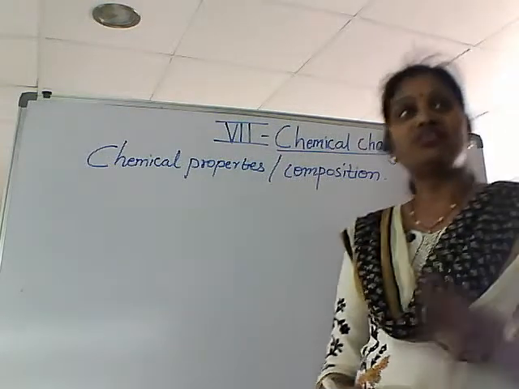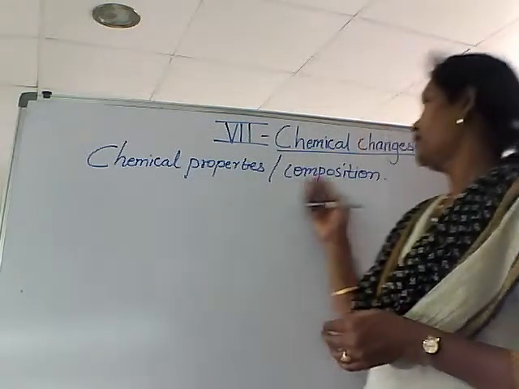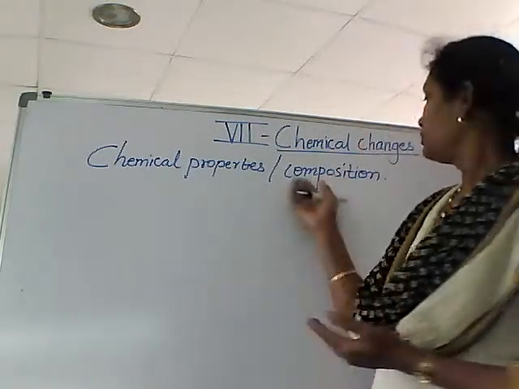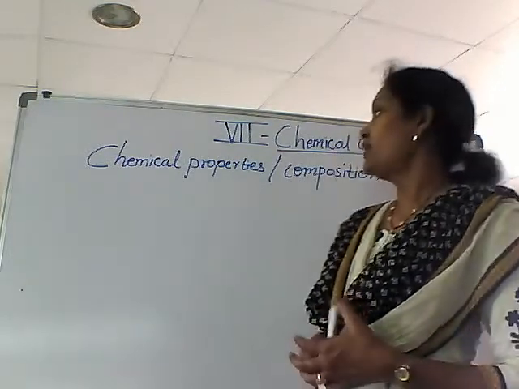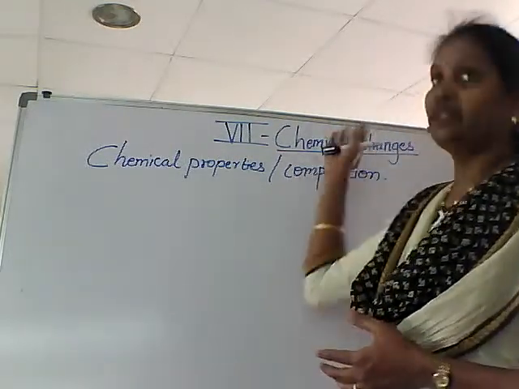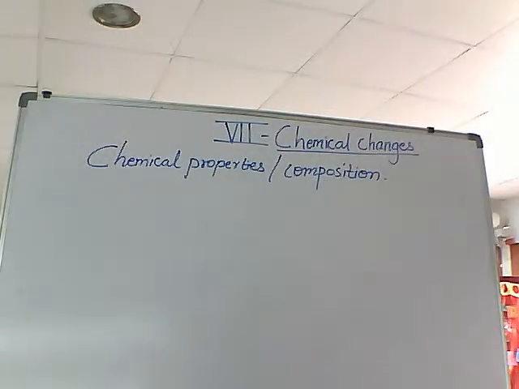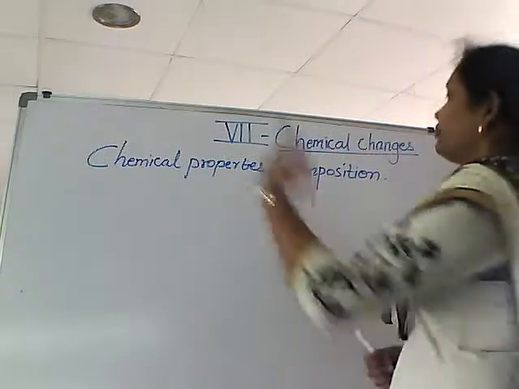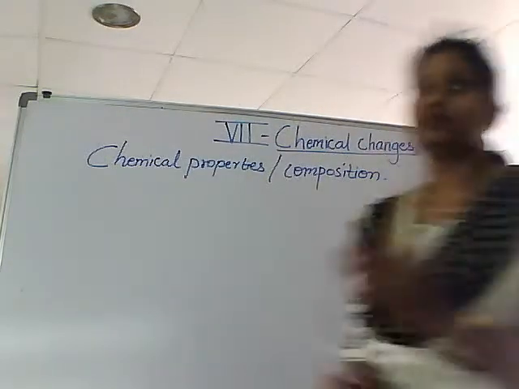So the change in which chemical properties are changed or the composition of that substance gets changed is called chemical change. Understood now? So here the properties of the new substance formed are totally different from the original one, or totally different from the first one.